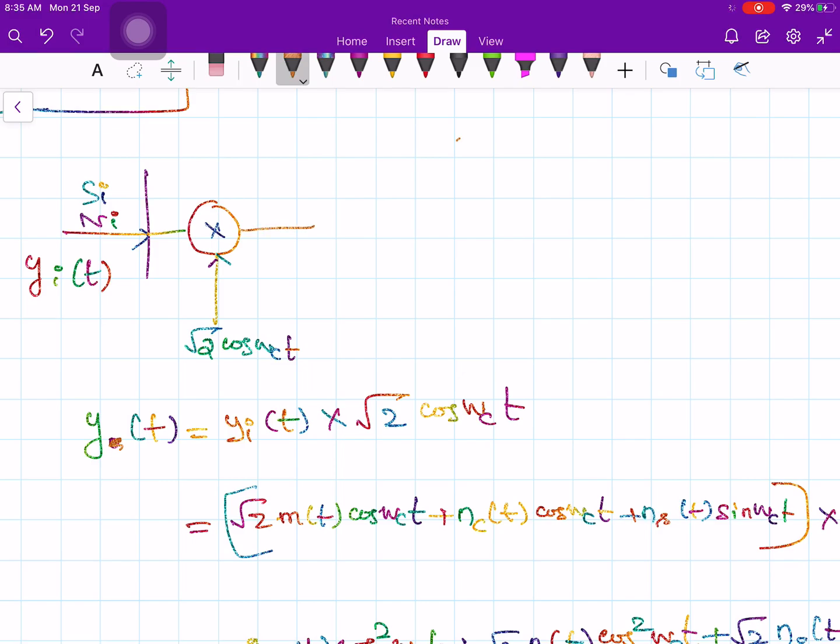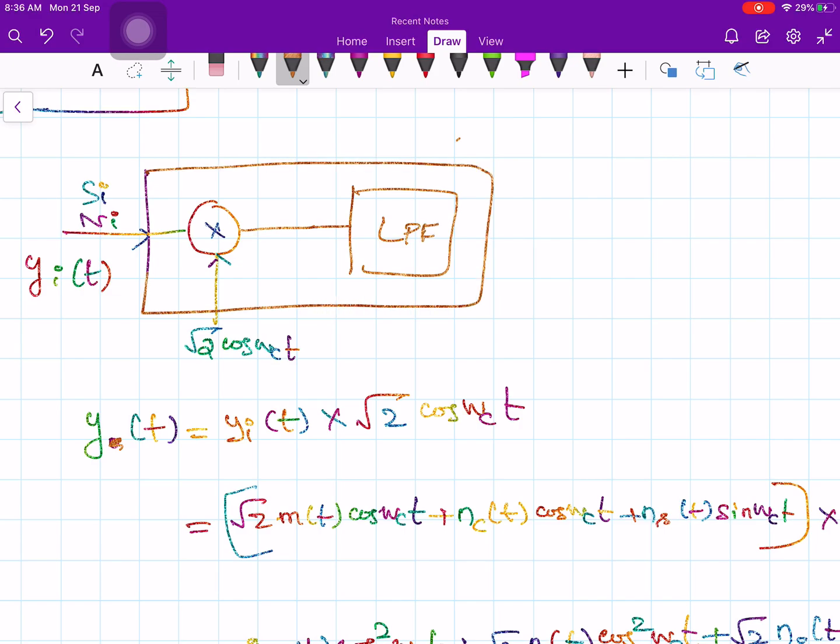Low pass filter, this is the demodulator, and this is, let's say, your y naught of t, and at this point let me call it y1 of t. So what is my y1 of t?